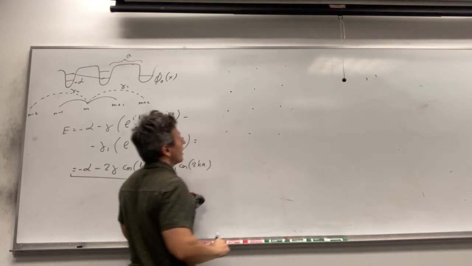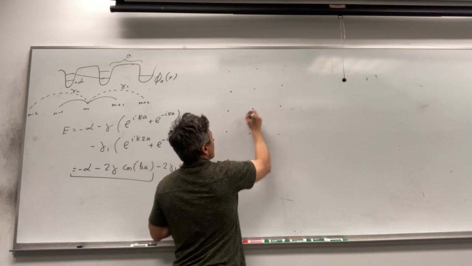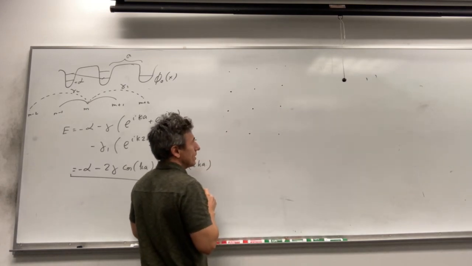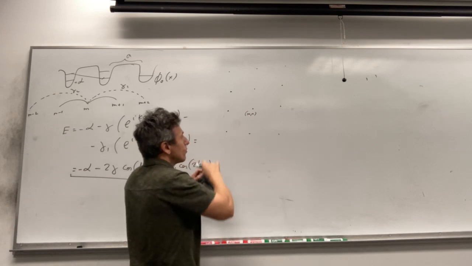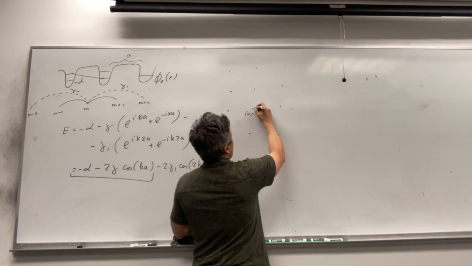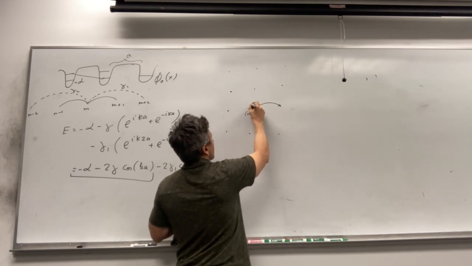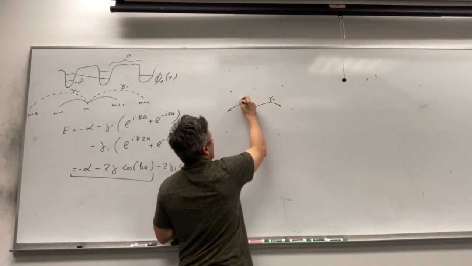So the idea of how to write down the corresponding energy dispersion is this. We start from some atom. Now we have two indices for this atom, for example M and N. And then we go to the nearest neighbor atom. So for example in the x direction, this coupling is determined by parameter gamma x.